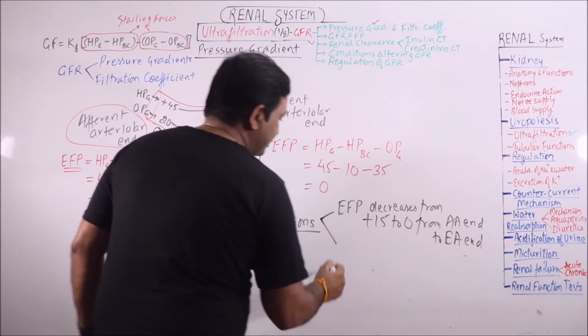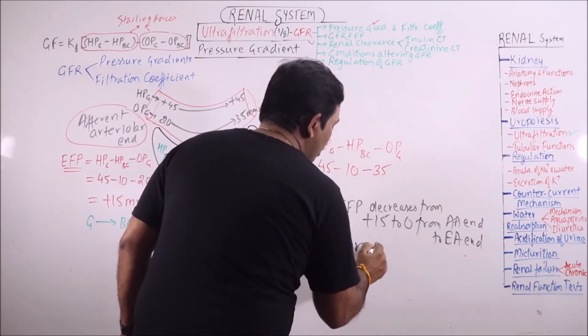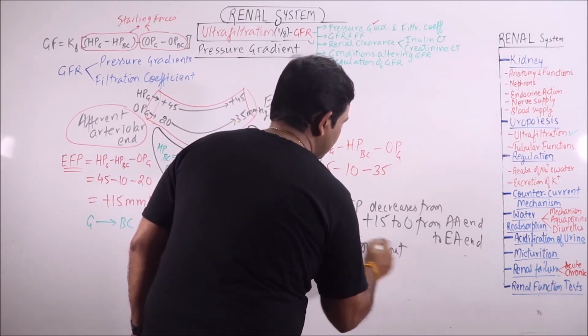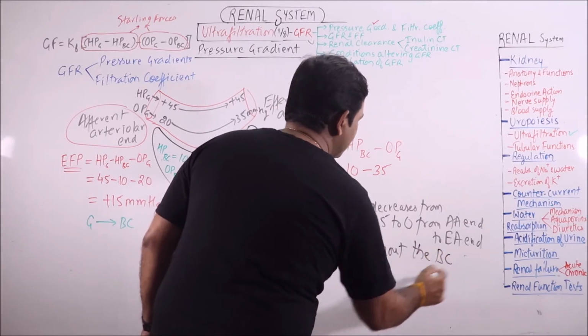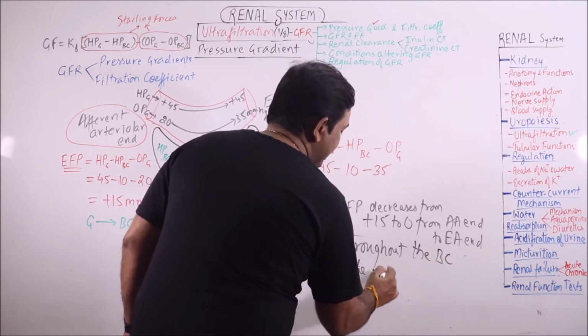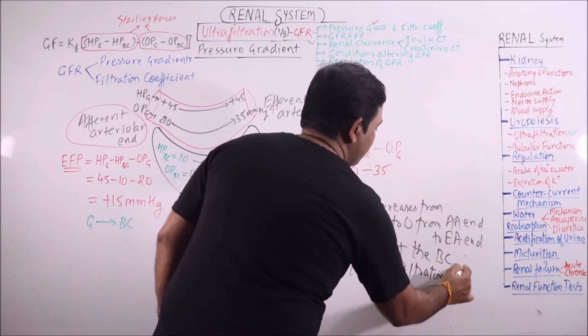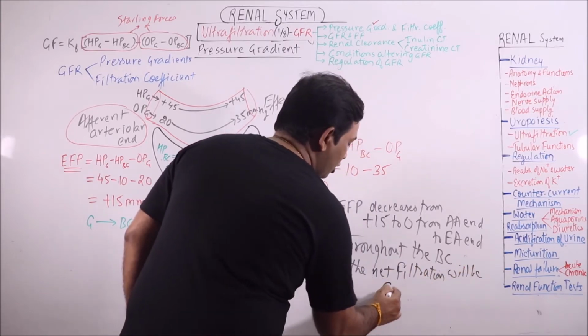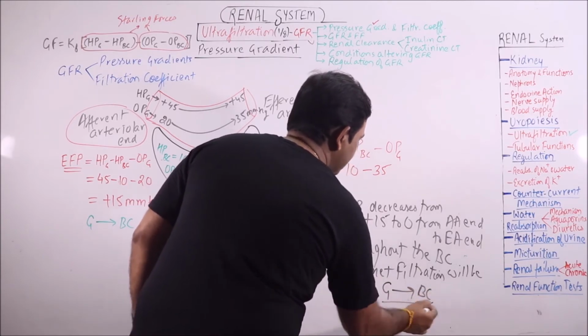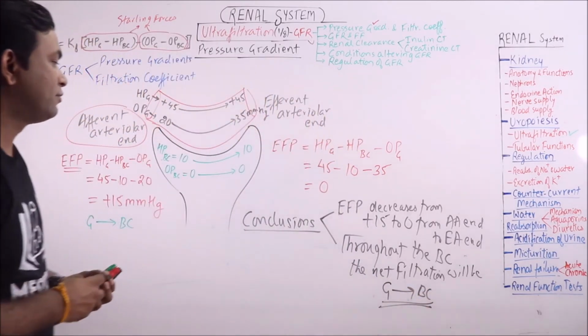And another is that throughout the Bowman's capsule, the net filtration will be from the glomerulus to the Bowman's capsule and never in the reverse direction.